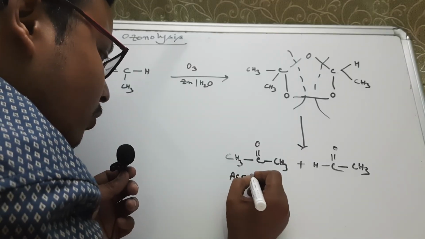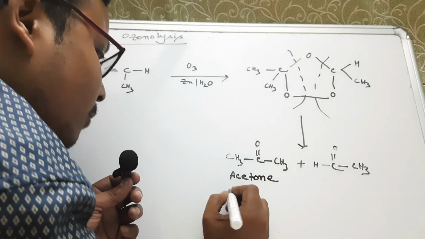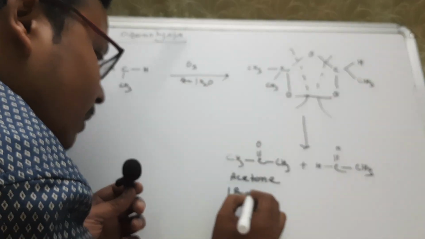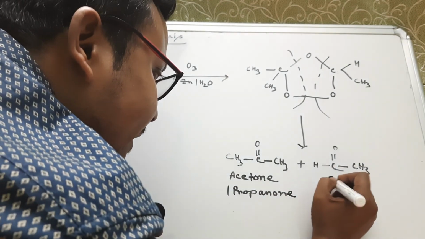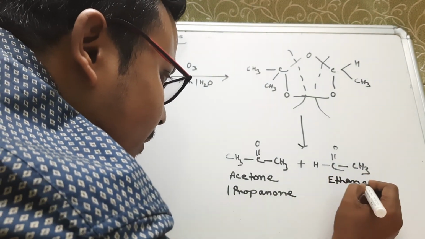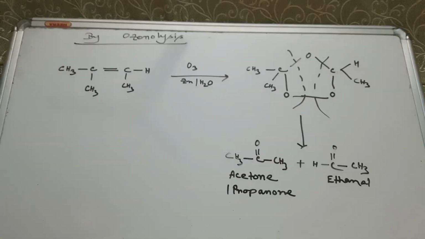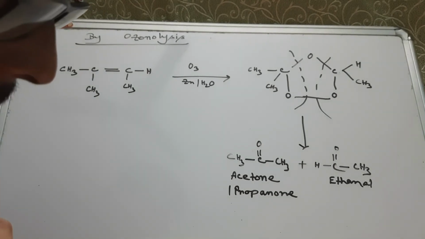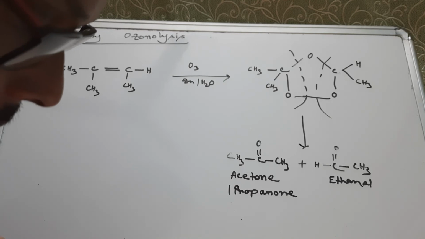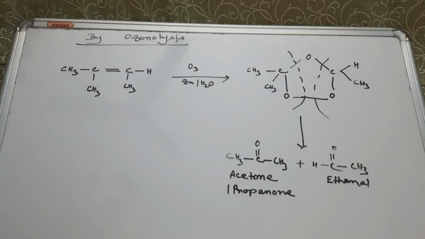This ketone is acetone or propanone, and this is ethanal. So this is almost the outline of ozonolysis.